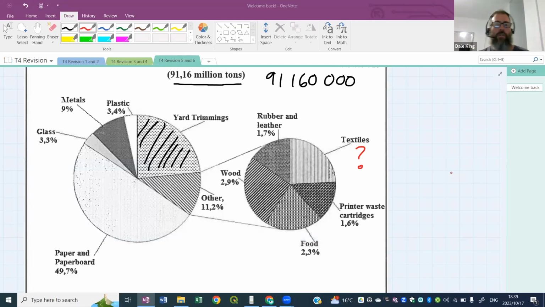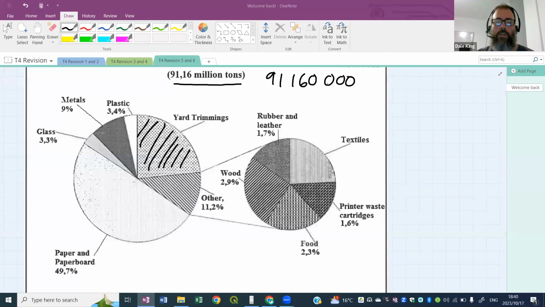And please don't be embarrassed to ask to slow down. On the right hand side, we've got textiles here. We're trying to work out what is its percentage. Haven't even finished reading the question or saying it, and the answers are already popping up. Very good. The answers are all coming up there.